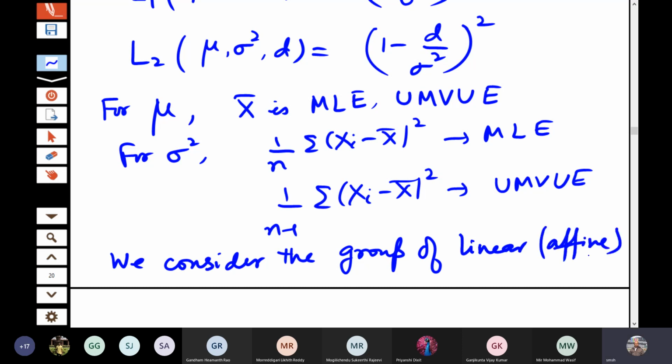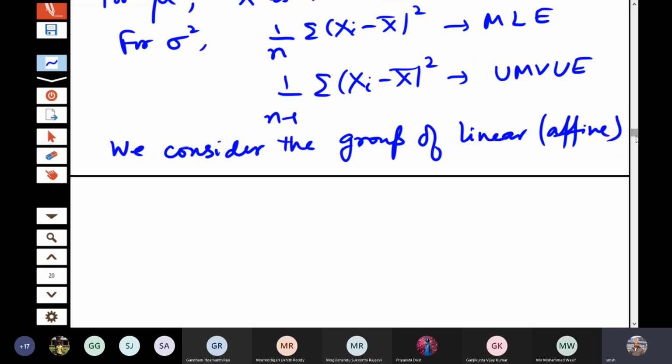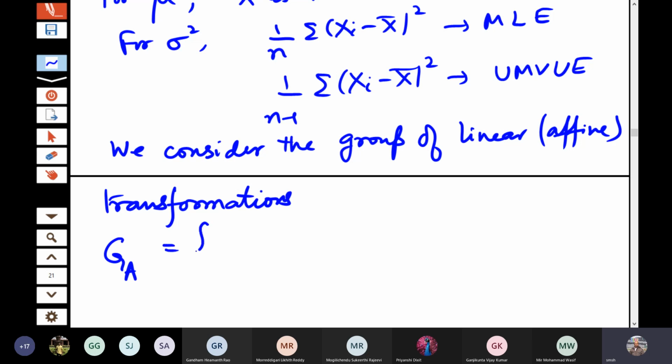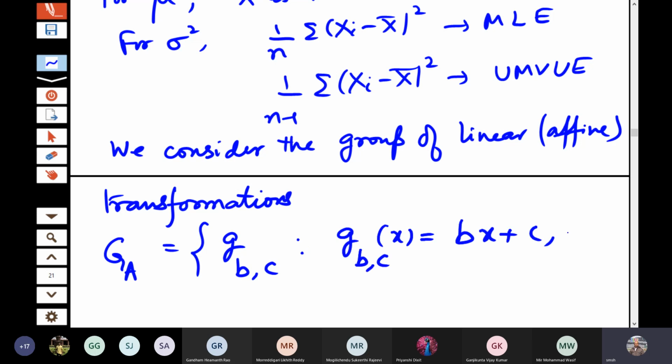In statistical terminology, they have another name here. So you should be familiar with that. That is G, let me call it GA. So the GA group is g of (b, c), where g of (b, c) of x is equal to bx plus c, where b is positive and c is any real number.